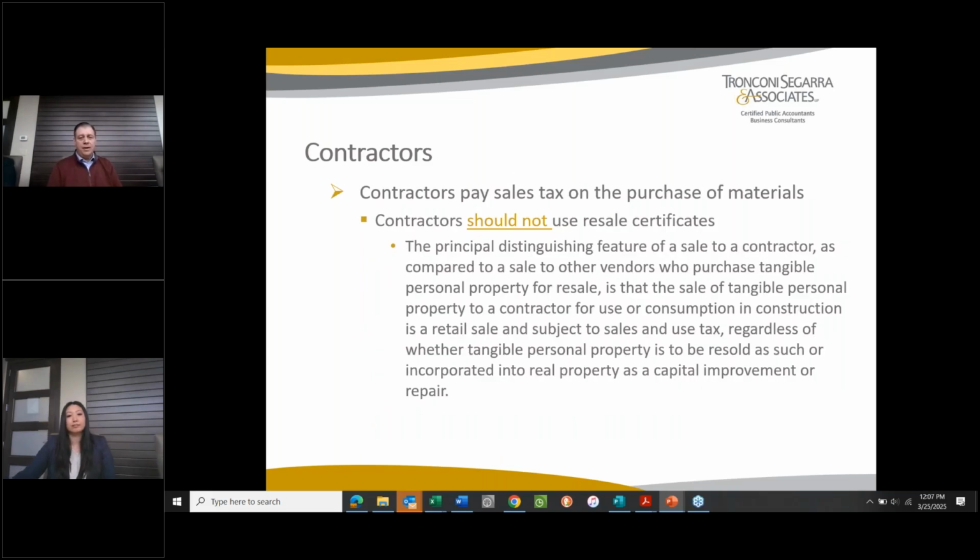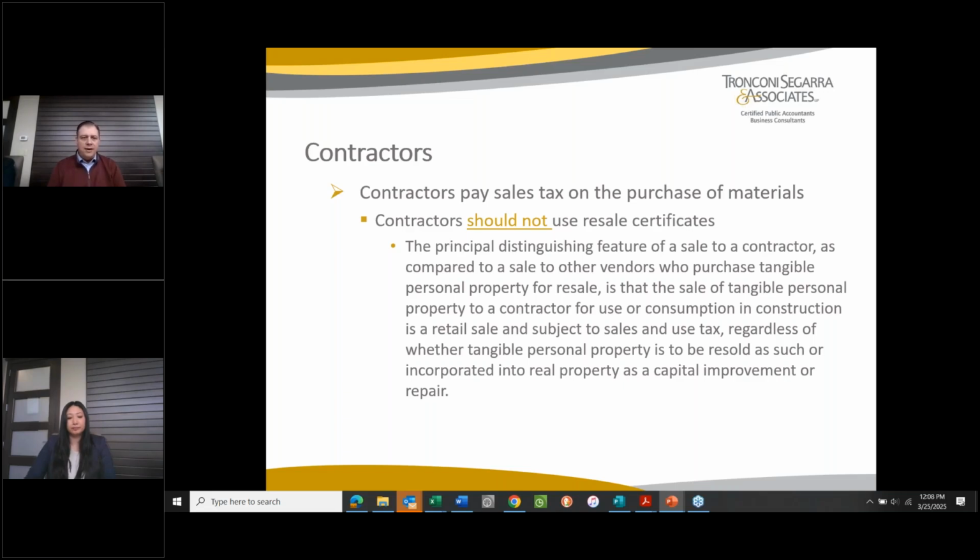Okay. So we talked about contractors, and one of the other reasons a contractor would not need to register for a certificate of authority is contractors pay sales tax on all the materials that they purchase. So there's no using a resale certificate, an ST 120, as a vendor would.